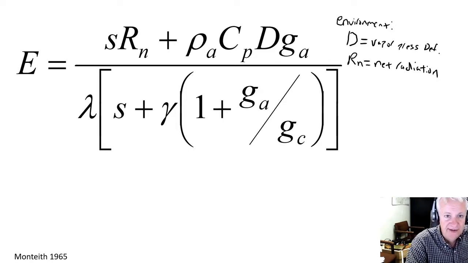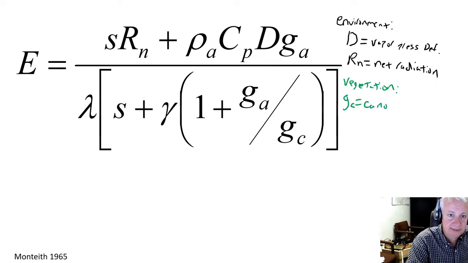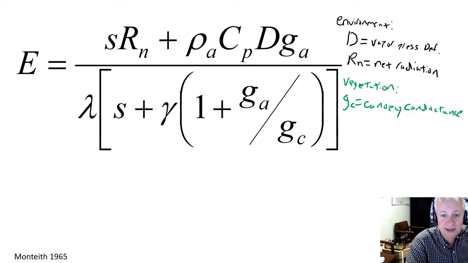There's two main vegetation factors. And that's GC, which is canopy conductance. I'll talk about that in a minute, but it's roughly equivalent to the crown conductance that I talked about when I talked about the whole tree level, but it's got a little bit more complexity in it.